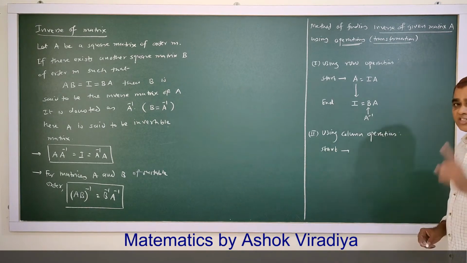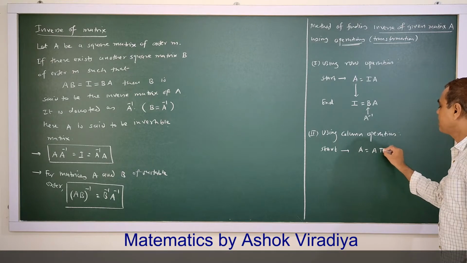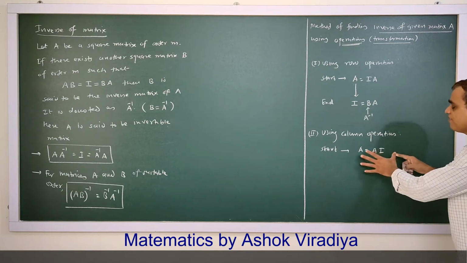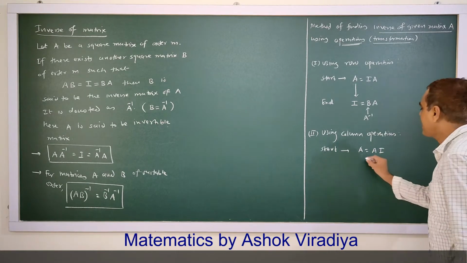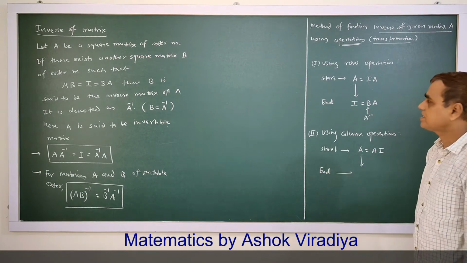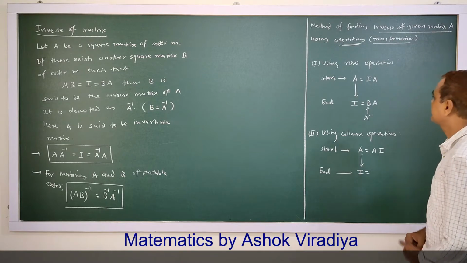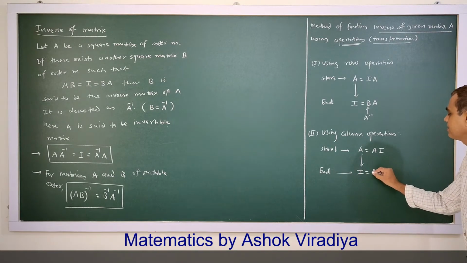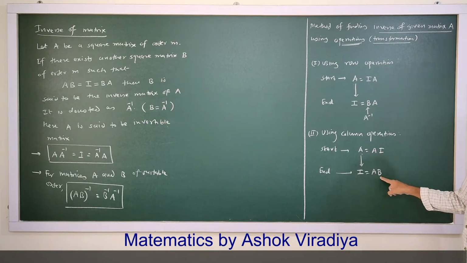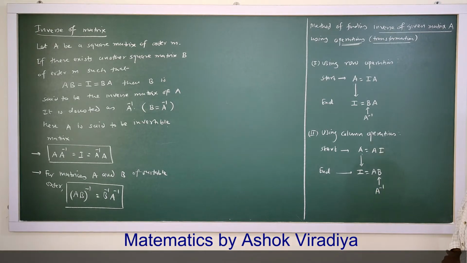In this procedure, starting will be from A is equal to A into I. This will be the starting of the procedure, and last step will be here A will be converted into identity matrix, and here I will be converted into B. So this will be required A inverse.